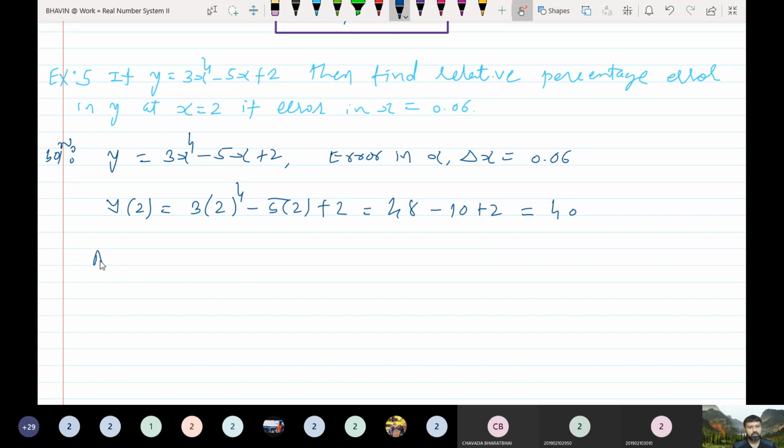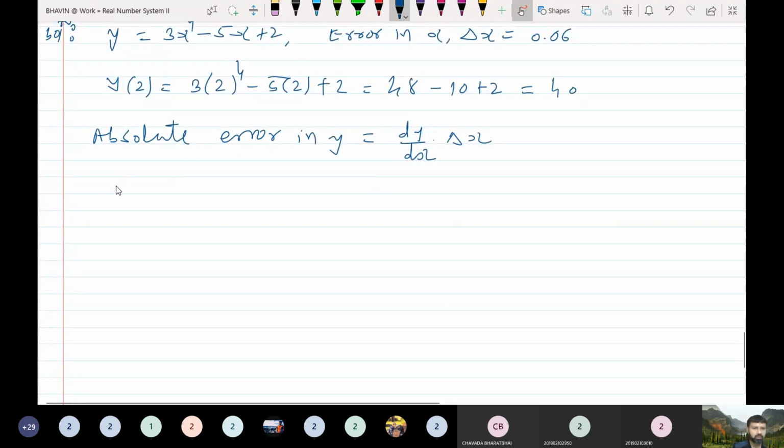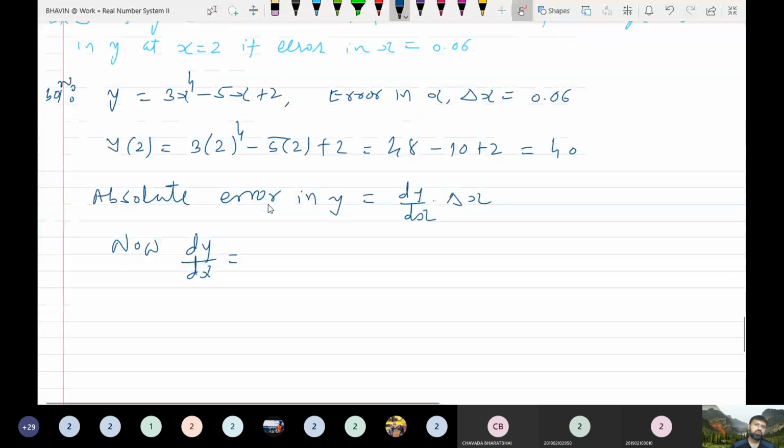Now absolute error in y is equal to, since y is differentiable, dy by dx into delta x. So now I should find dy by dx. What is dy by dx? y is 3x raised to 4, so differentiating, 4 3s are 12x cube minus 5.